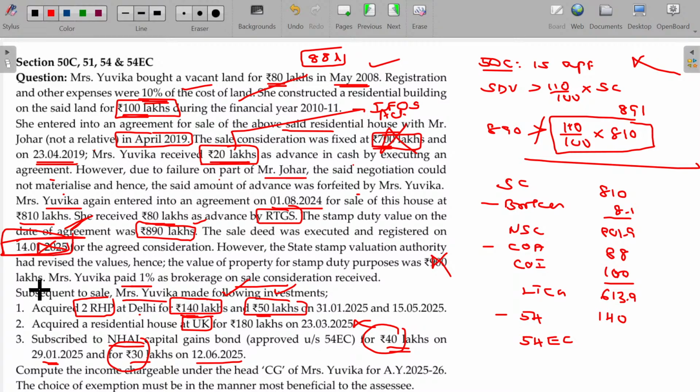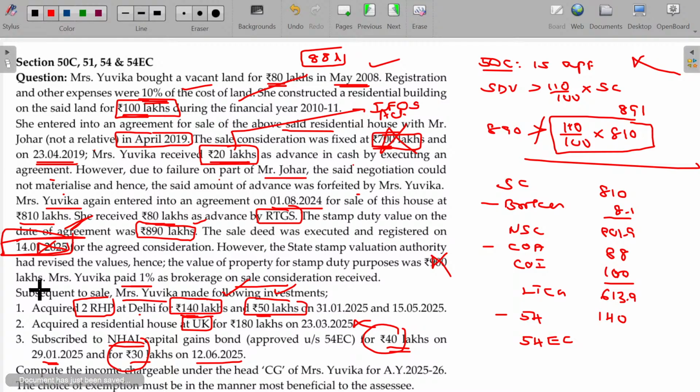That is for the stamp duty value determination. For investment purpose, you need to get the full amount. If you don't have the full amount, how can you invest? Are you able to understand the logic? For the stamp duty calculation under section 50C, even if a part amount is received on agreement itself, that date's stamp duty value is final.